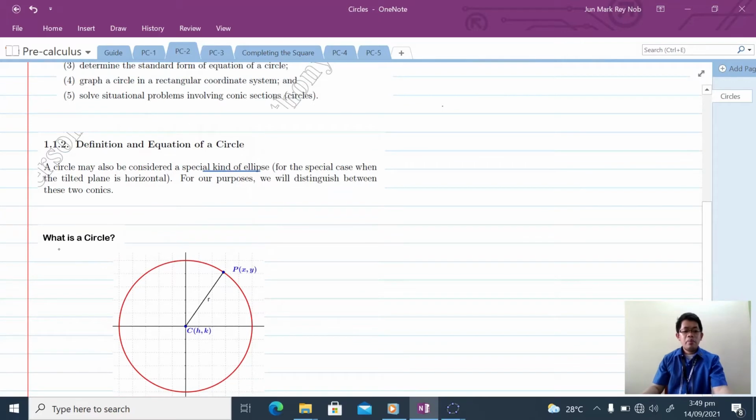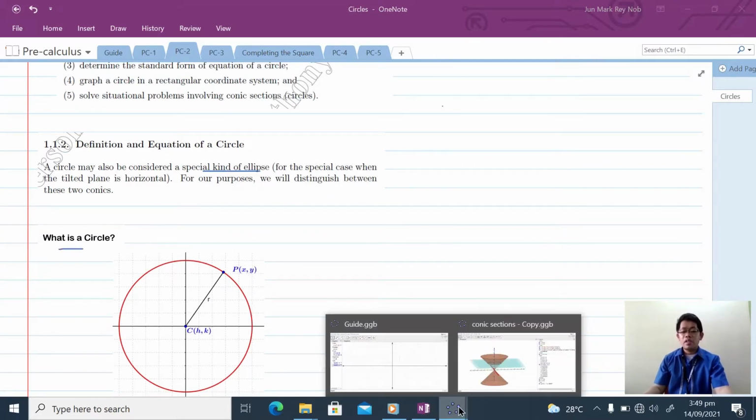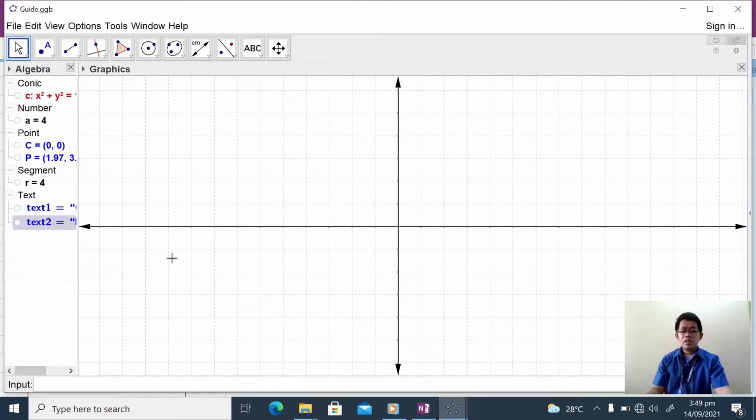Now, we will be using GeoGebra to define what a circle is. In junior high school, we learned that a circle has a fixed point. Let's say this is the fixed point in the XY plane.